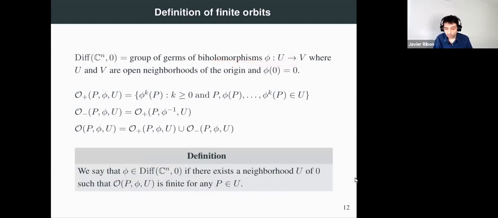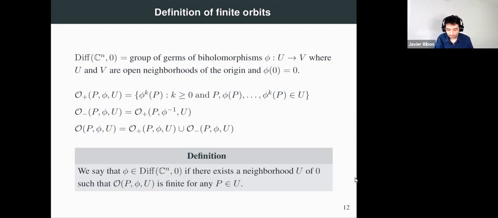That's the reason we give ourselves the right to reduce the domain of definition. But once we do this, it is going to be a property of this germ of biholomorphism, because once it's true for some U, it is true also for any open set contained in U.